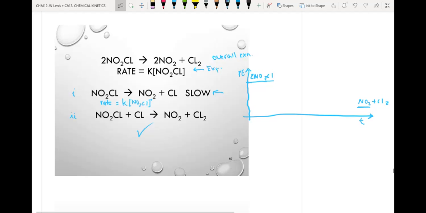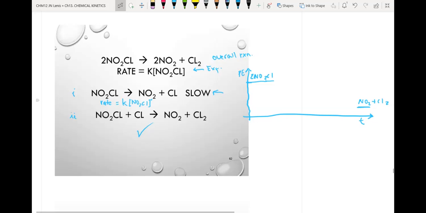Those details are really important. In an exam, or on a lab report, if you draw a graph and didn't label the axis, you lose credit. Same thing if you don't write the name of the graph: this is the graph of potential energy against time for the reaction 2NO2Cl to form 2NO2 plus Cl2. That's the proper way to do it.